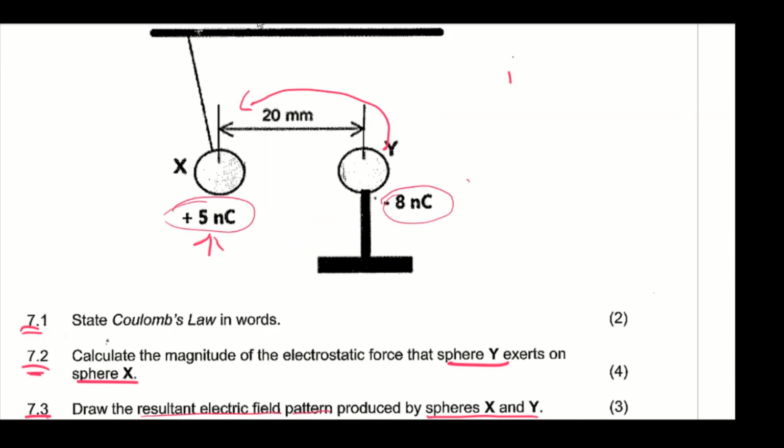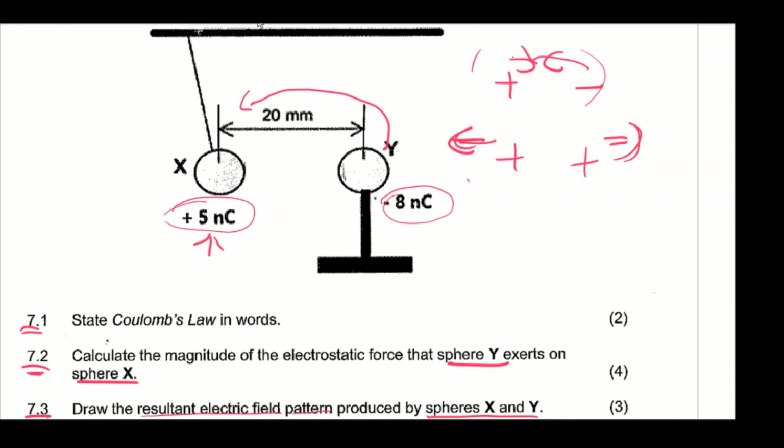We all know that different charges attract and like charges repel, right? So the movement of these charges will go in that direction and that direction, but these ones will come closer, right? So that's what happened here.